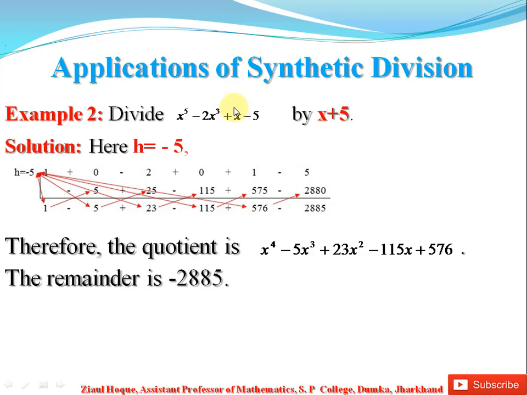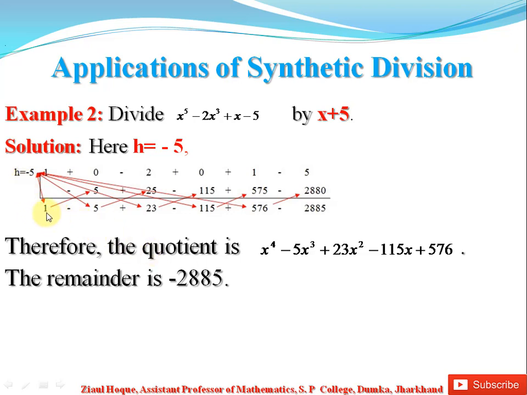Also the coefficient of x to the power 4 is equal to 0. Therefore the first row has the numbers a0 is equal to 1, a1 is equal to 0, a2 is equal to minus 2, a3 is equal to 0, a4 is equal to plus 1, and the constant term a5 is equal to minus 5.